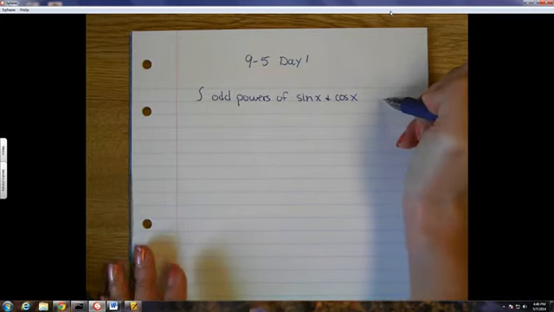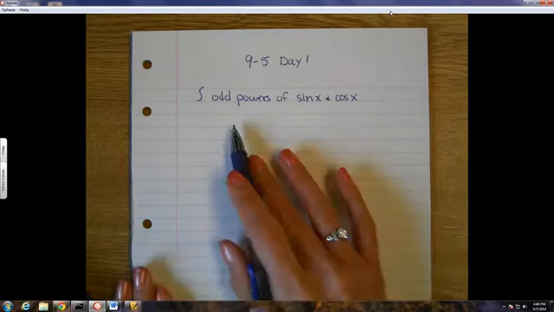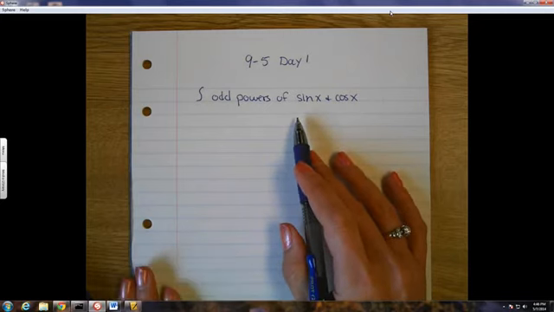Okay, I think I'm going to give you the steps to start with instead of at the end. So, if either your sine or your cosine in the integral has an odd exponent, these are the steps you're going to follow.